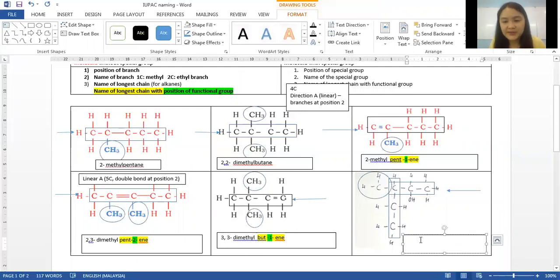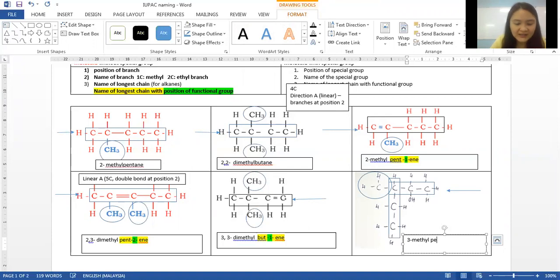Start with the position of the branch: position 1, position 2, position 3. So 3, dash. What's the name of this branch? This branch only has 1 carbon, so it's called the methyl branch. Now, what's left in my longest chain? My longest chain has 5 carbon with OH. OH means "ol".